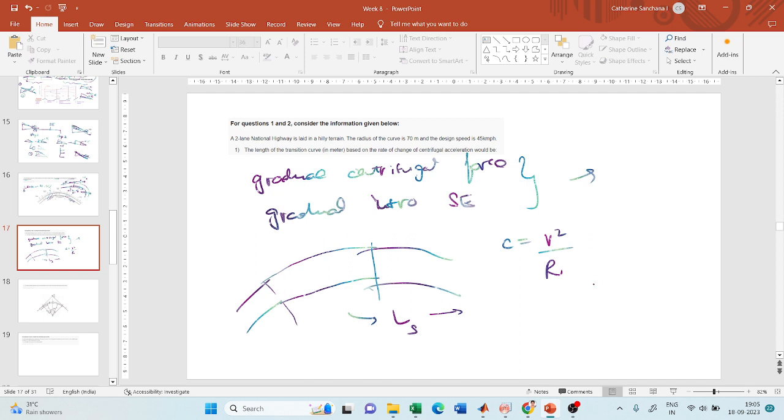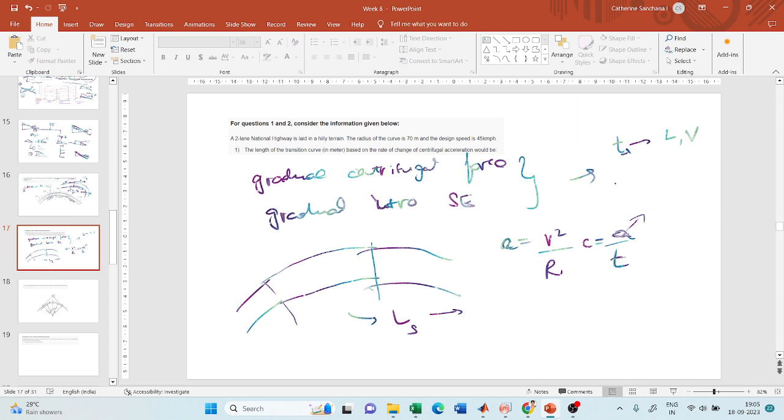So the rate of change of centripetal acceleration, let me take the acceleration as a, so the rate of change of centripetal acceleration c is equal to a divided by t.